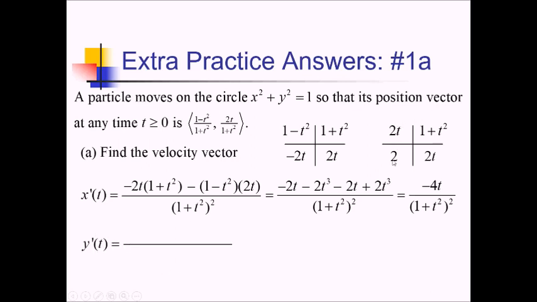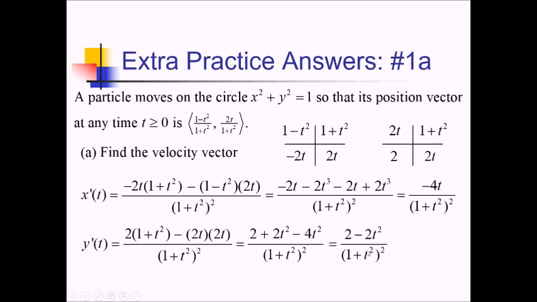Going with the ribbon, we've got 2 times 1 plus t squared minus 2t times 2t, all over 1 plus t squared squared. And simplifying that, we've got 2 plus 2t squared, denominator's unchanged. We've got a minus 4t squared there, so that's going to be a grand total of 2 minus 2t squared.